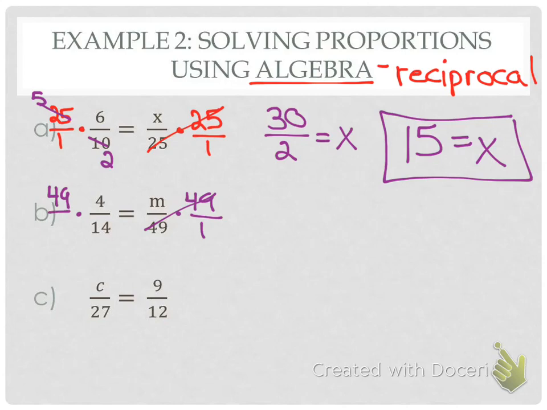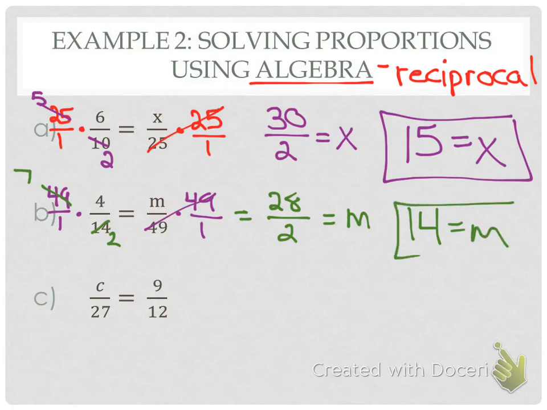Now, is there anything I can do to cross-reduce? 49 over 1 times 4 over 14? I can reduce by what? 7. So that becomes 7, that becomes 2. And now I have 28 over 2 equals M. So what's 28 divided by 2? 14. 14 equals M.